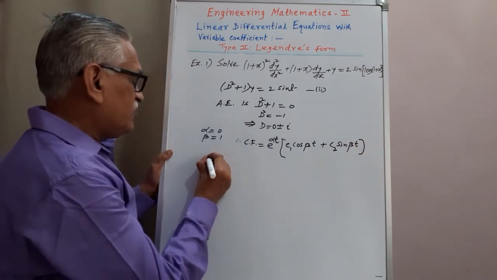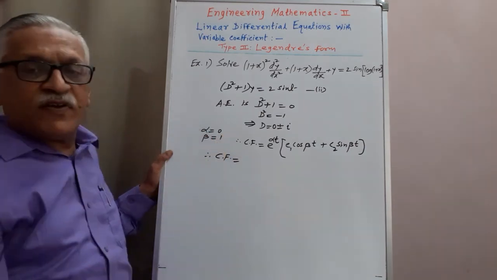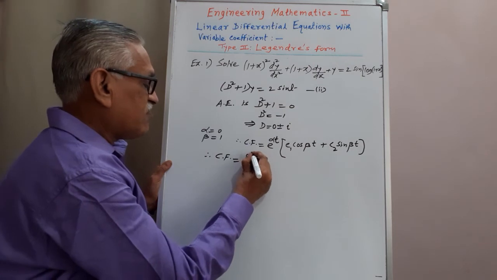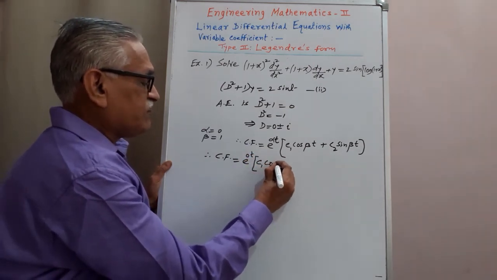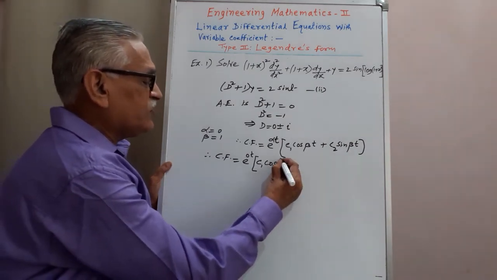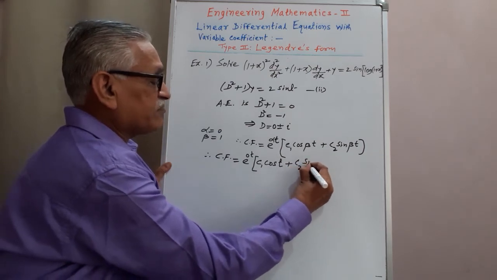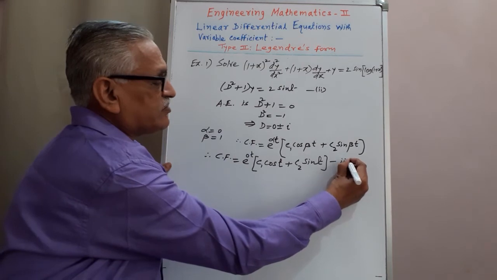Substituting the value of alpha as 0, we get e raised to 0 as 1, and the value of beta is 1, therefore the complementary function is C1 cos t plus C2 sin t. We call this equation number 3.